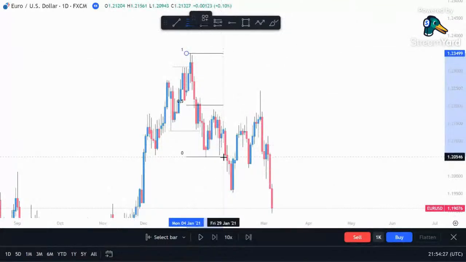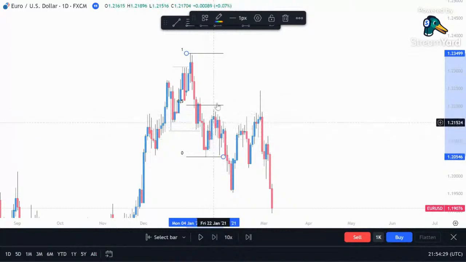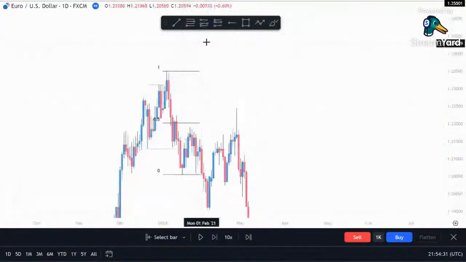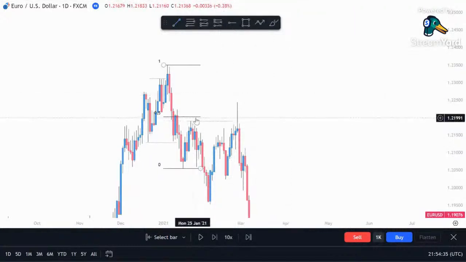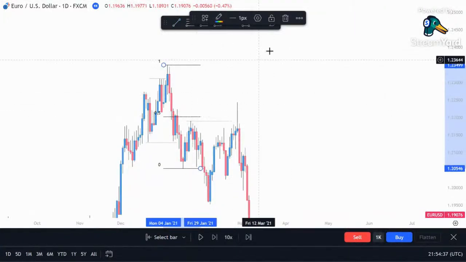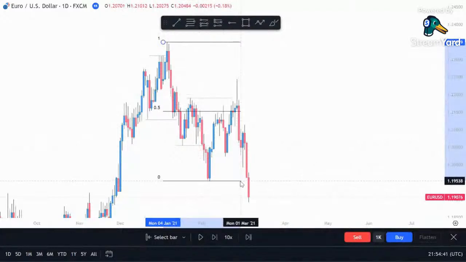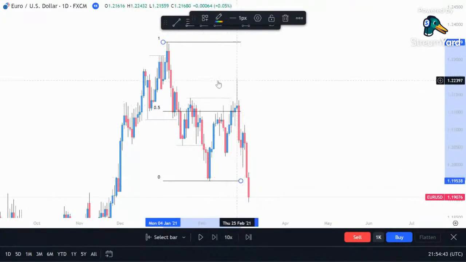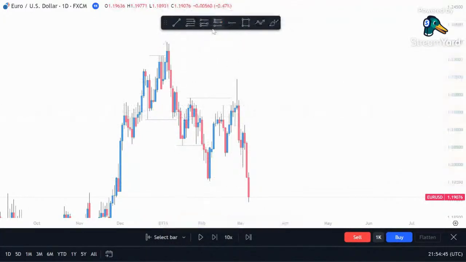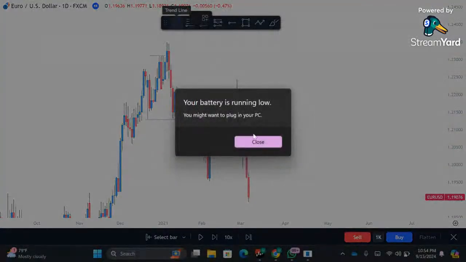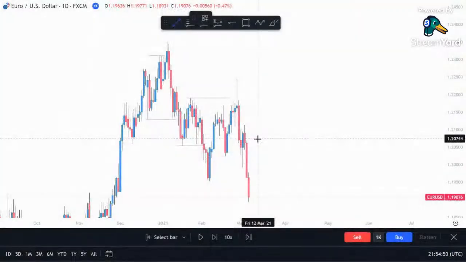You see that this retracement was not up to 50%, so we can't say this is our structural liquidity. That's another way to know your structural liquidity. It was not up to 50% of the retracement until you got to this place. The price now retraced up to 50%. So now this is my PC is low.